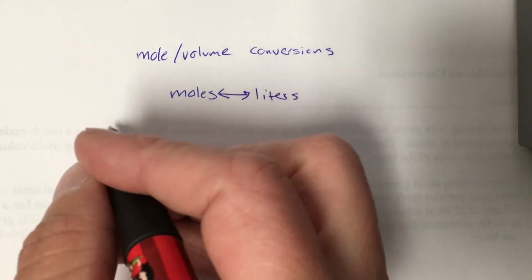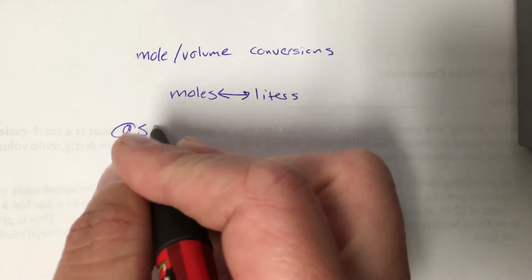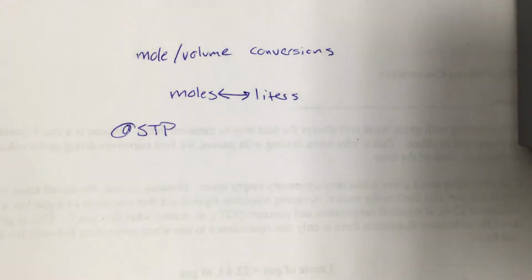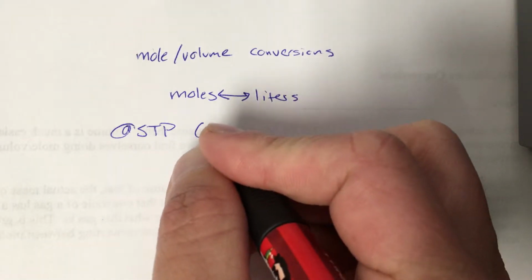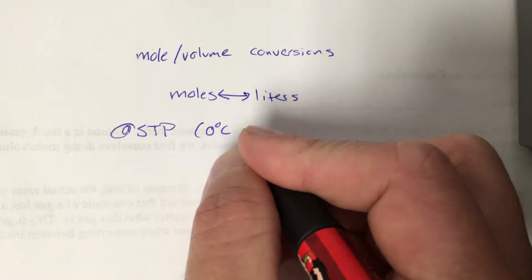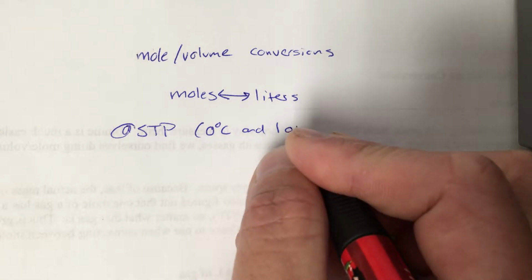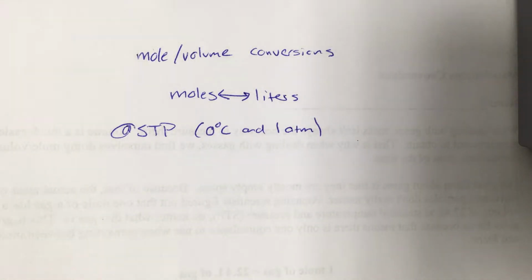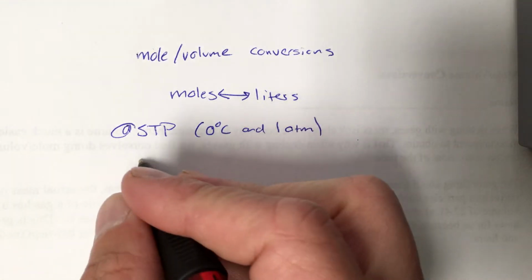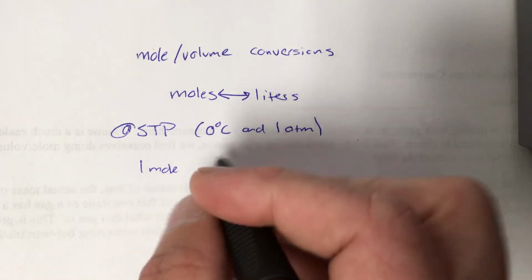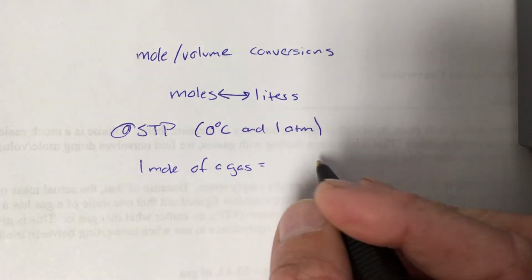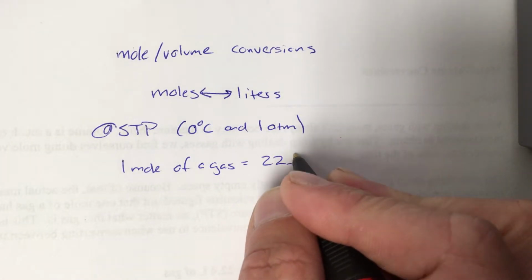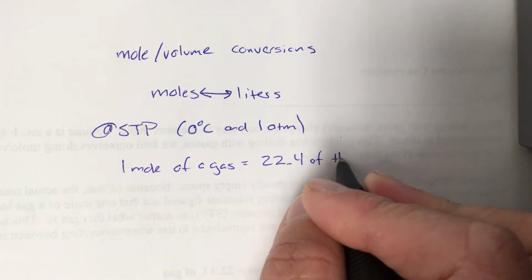What we know about gases is that at STP, which stands for standard temperature and pressure, it is 0 degrees Celsius and 1 atmosphere of pressure. At STP, 1 mole of any gas is equal to 22.4 liters of that gas.